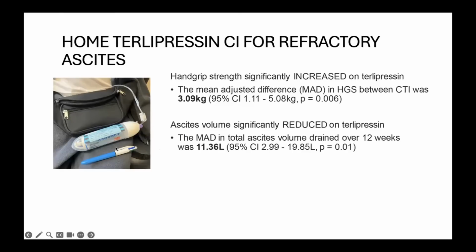I put here how the system looks like. Obviously, the patient needs a central line, and they need this device that provides continuous infusion of terlipressin. So I will say it's really complicated. The major endpoints were hand grip strength, which clearly improved, a very substantial improvement, in the patients treated with continuous terlipressin infusion.